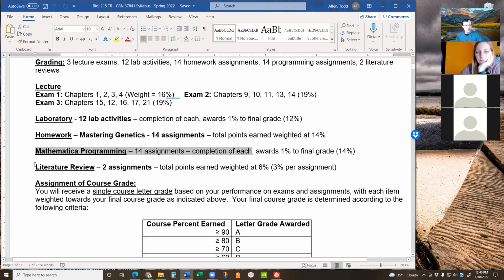And then there will be 2 literature reviews. By literature review, it's a fancy way of saying you're going to read 2 articles that talk about some historical and philosophical components of science as a field. And you're going to answer a series of questions about those articles, okay?